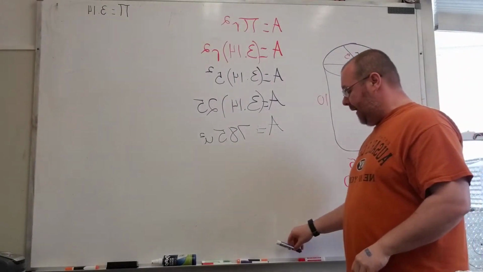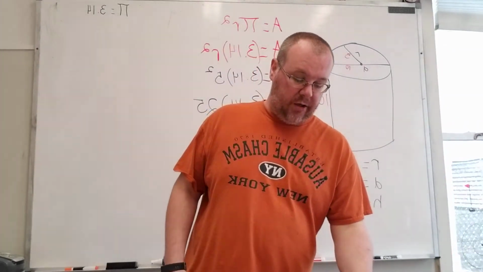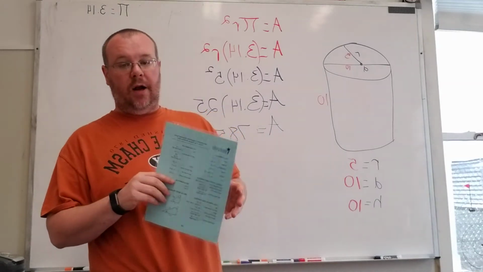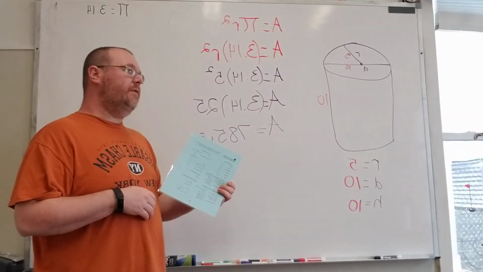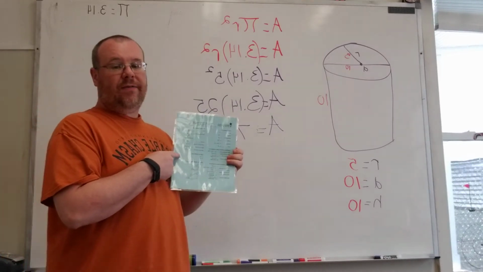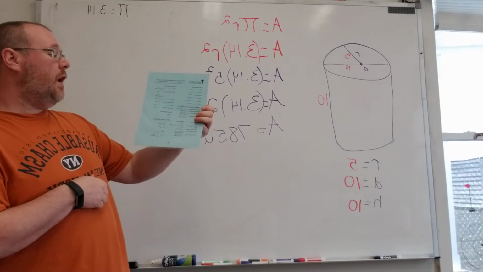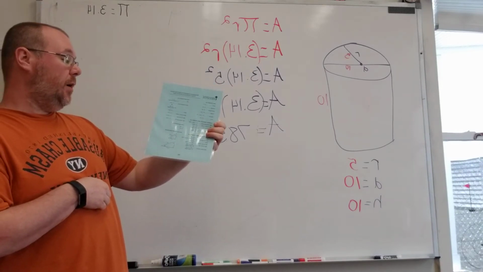Now we're going to try it with volume. Let's find volume on our MCAS reference sheet. We are doing the volume of a cylinder. On your MCAS reference sheet, it kind of changes the wording a little bit. And it's a right circular cylinder.